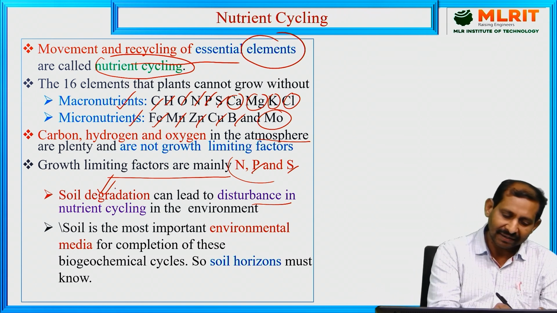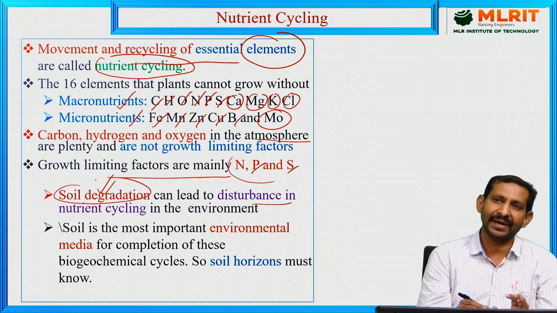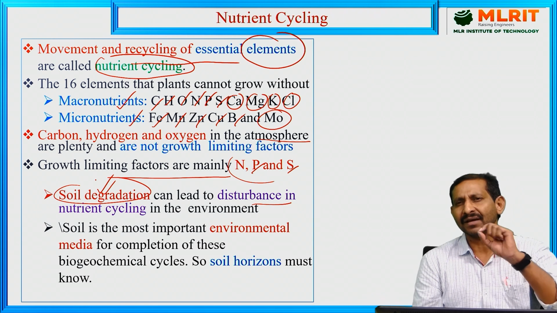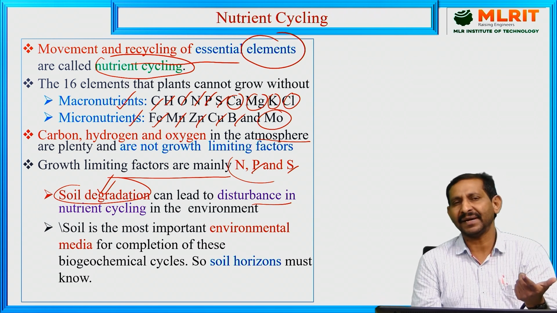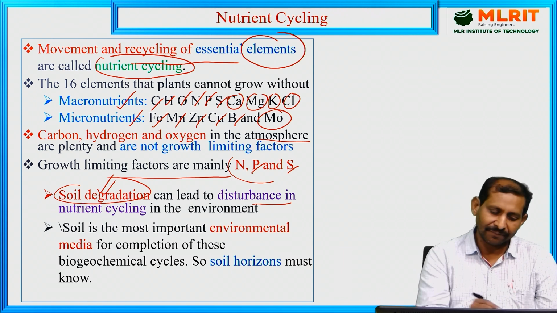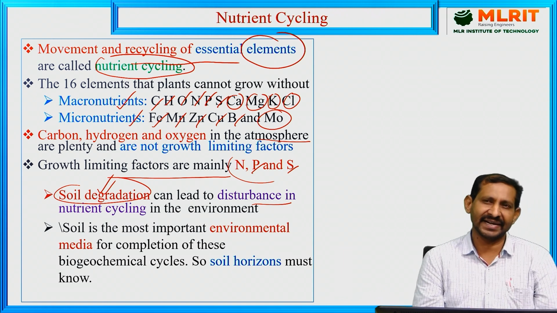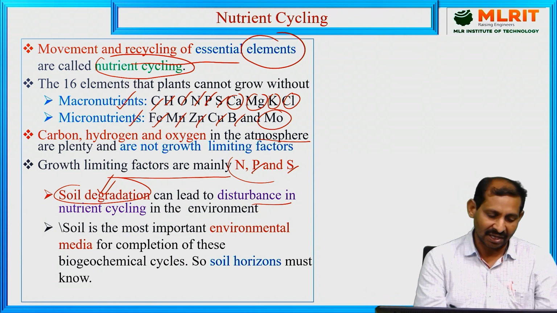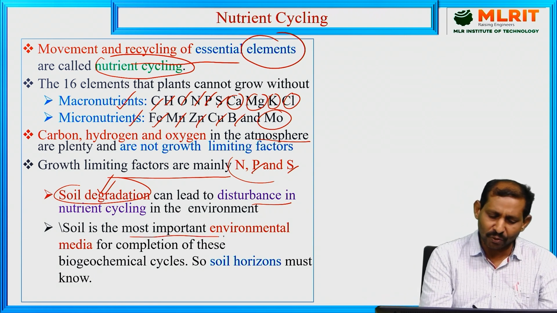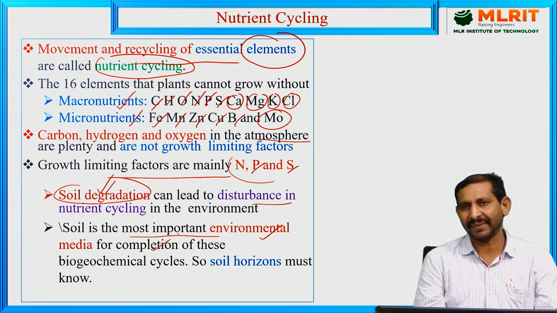So if soil degradation happens, the movement of the cyclic nutrients in the environment is immediately disturbed. That is the first reason for nutrient cycling disturbance in different ecosystems. Second, soil is the most important environmental medium for the completion of these biogeochemical cycles.